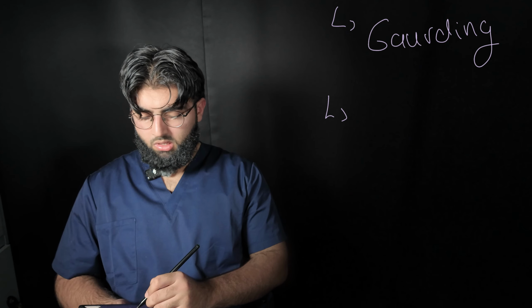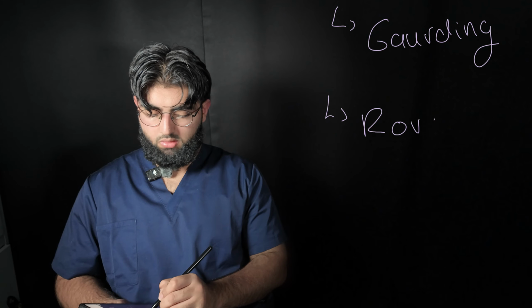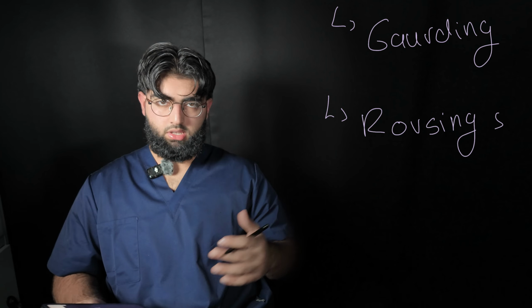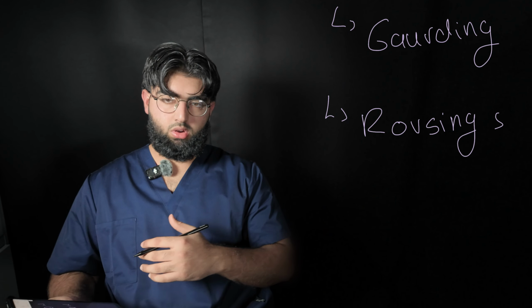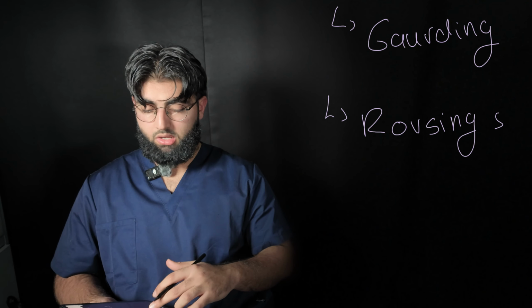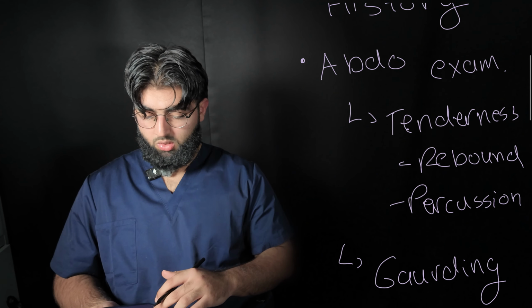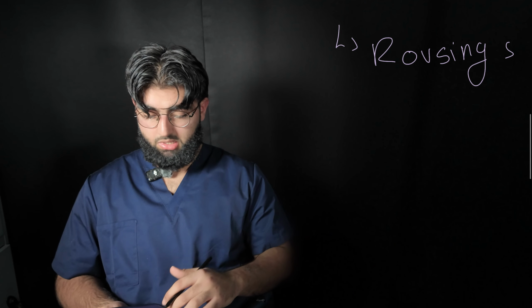And the other thing that we can see is Rovsing sign. We've also mentioned this before. So Rovsing sign is just palpation of the left lower quadrant can cause pain of the right lower quadrant where the appendix actually lies, right? So these are the sort of things that you'd see on an abdominal examination, right?